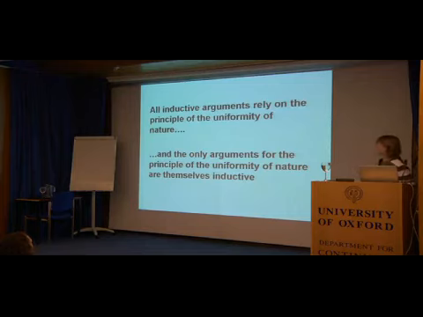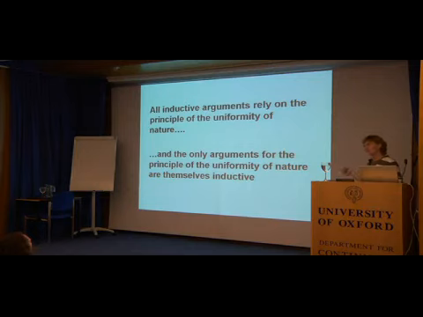All inductive arguments rely on the principle of the uniformity of nature, as David Hume called it. And the only arguments for the principle of the uniformity of nature itself are themselves inductive. So it looks as if any argument you offer for induction is going to be circular and based on induction itself. And this is a real problem.